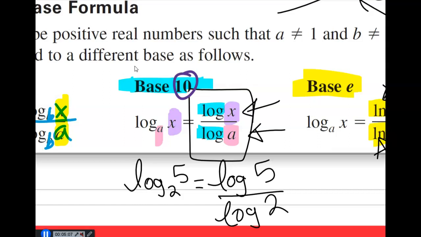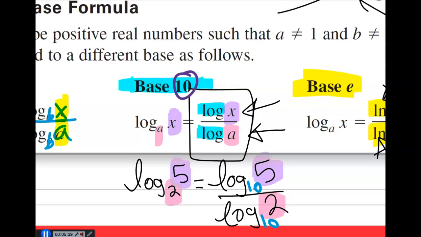And here I don't need to write a base because I know that it is an implied 10, but I'm just going to write it for you there. So that's it. That's how you do the change of base formula. They're easy questions on your homework about it, and of course you will need your calculator.